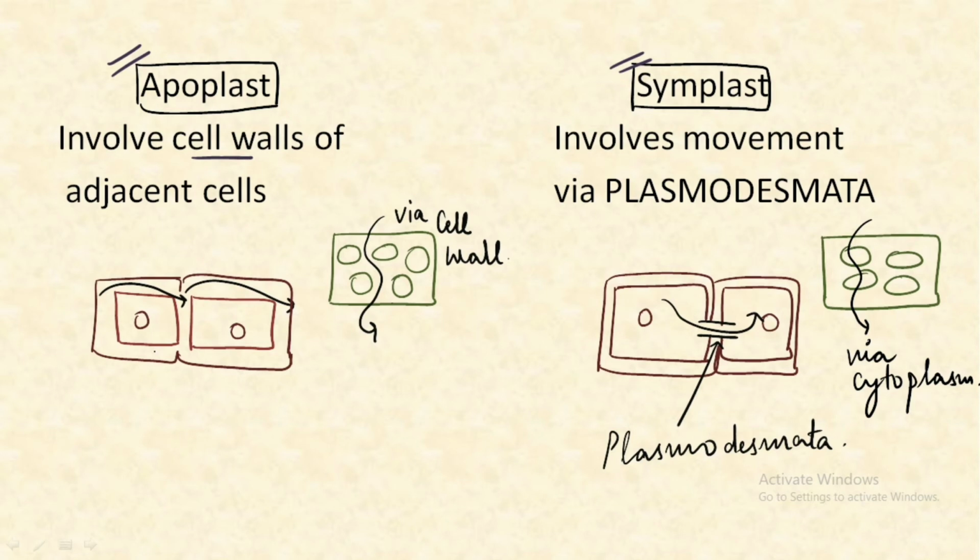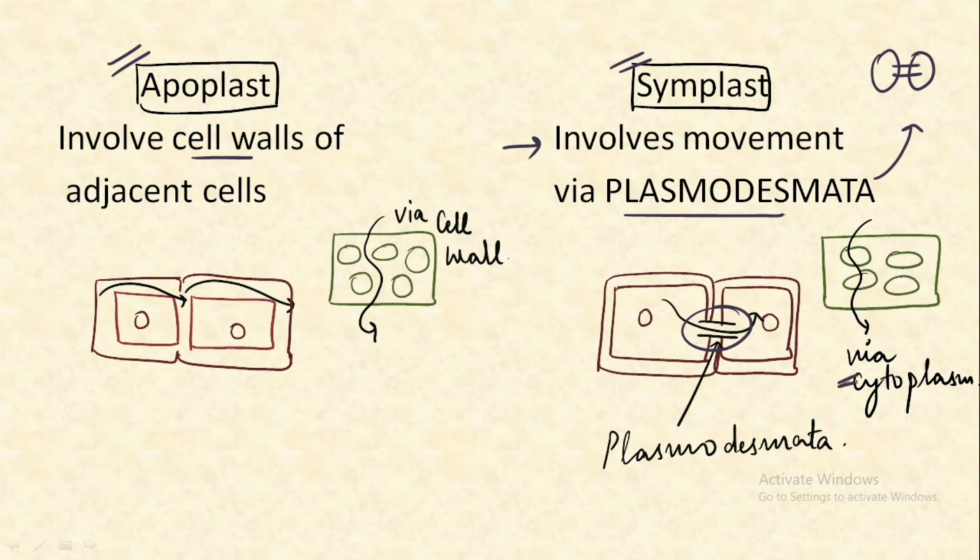But in the symplast, it is the opposite case, which involves the movement via the plasmodesmata. And what is plasmodesmata? In simple words, it is a type of interconnection, or a type of junction between two adjacent cells that helps in transportation via the cytoplasm. As you can see in the figure, the auxin is getting transported via the plasmodesmata, that is via the cytoplasm.